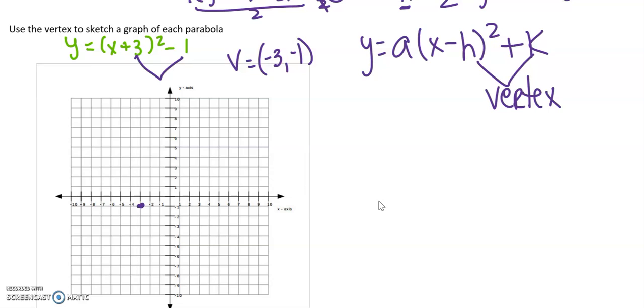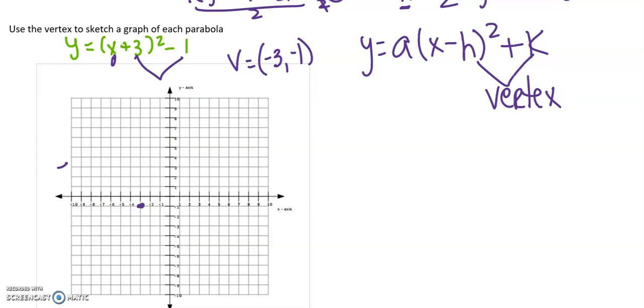Now, for this particular graph, I would just find some points and find out what that would be. Okay? So we're going to use 0 because 0 is always easy. So if I stick a 0 in here, that gives me 3 squared, which is 9, minus 1, which is 8.